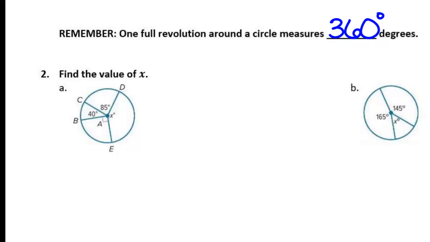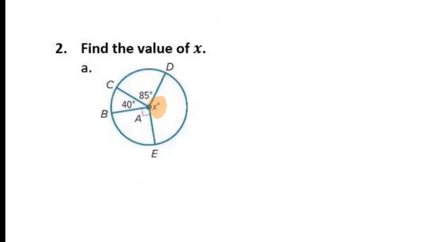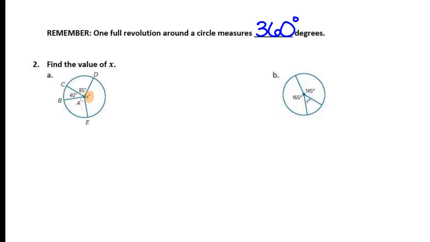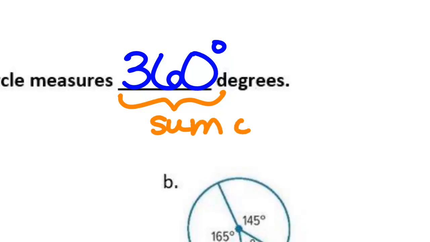Number 2, part A says find x. X is right here. And because 1 full revolution around the circle is 360 degrees, this is the sum of the central angles.